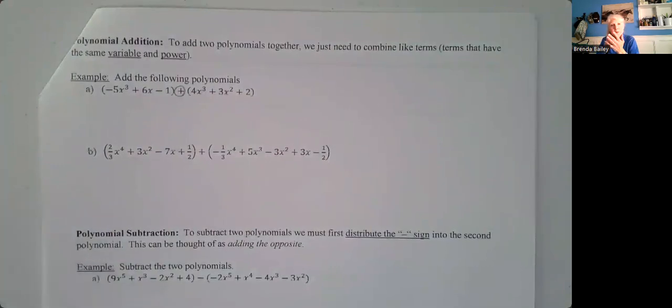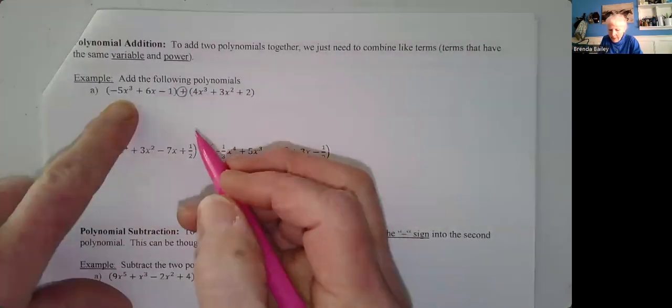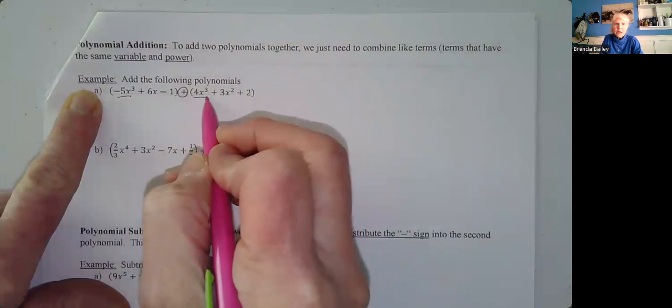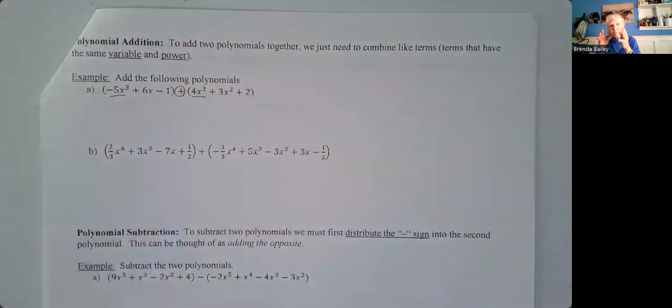So what we're going to do is add what are called like terms. Like terms have the same degree, and the variables match exactly. In other words, I've got a -5x cubed and a 4x cubed, so you can combine the numbers in front.